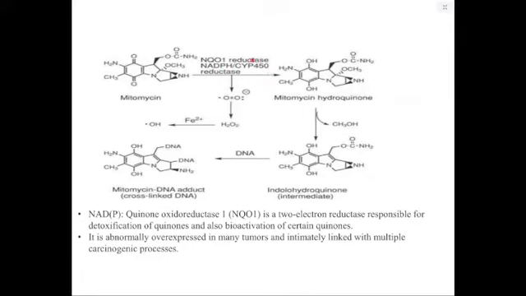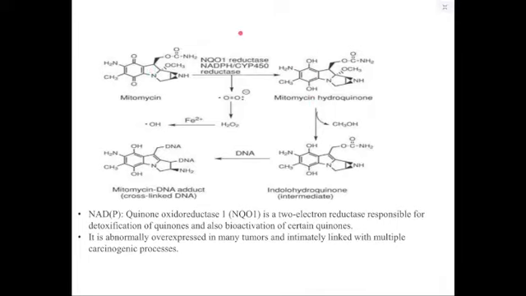You can use either one, and that is the enzyme that will reduce the quinone into the hydroquinone.